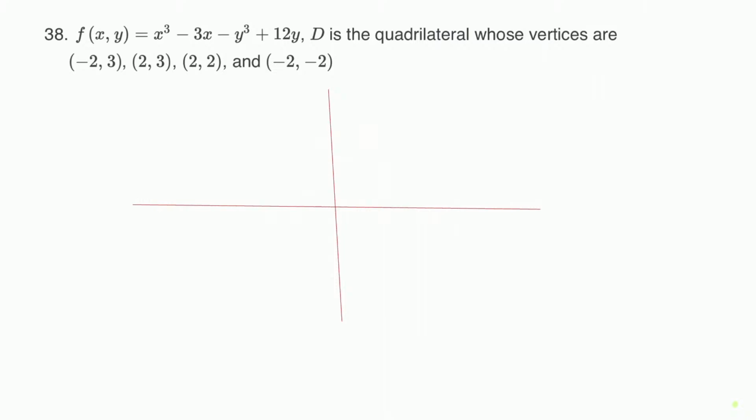Let's do the points. Negative 2, 3, negative 2, up 3. So here, negative 2, 3. Over 2 and up 3. 2, 3. Over 2 and up 2 is this. And then negative 2, negative 2.